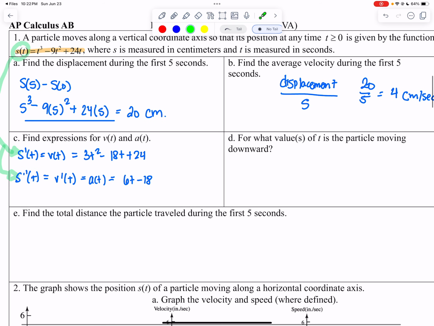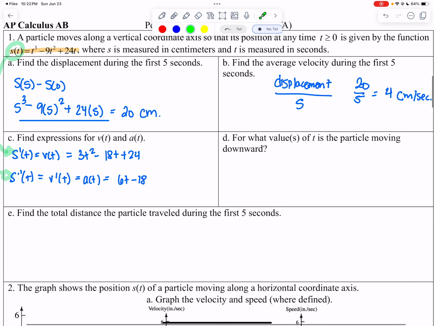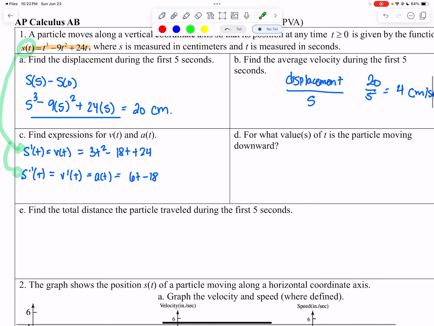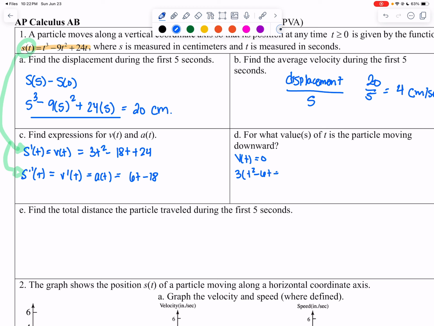Part D says for what values of t is the particle moving downward. So what we're going to do is think about when my velocity is negative. That means I need to figure out when v of t is equal to 0, and I've got to make a little sign chart. Based off part C, I'm going to go ahead and factor this.